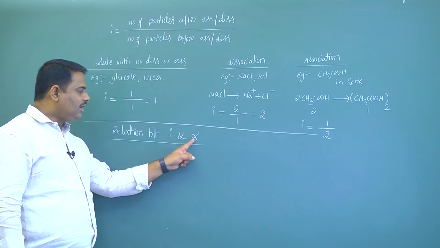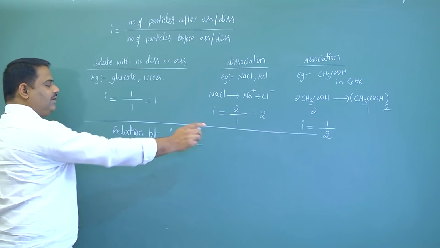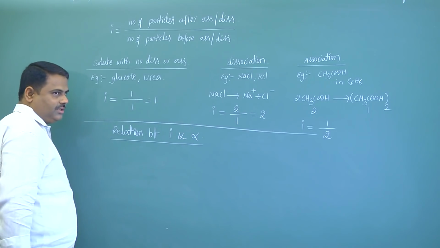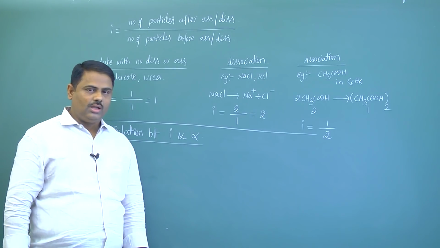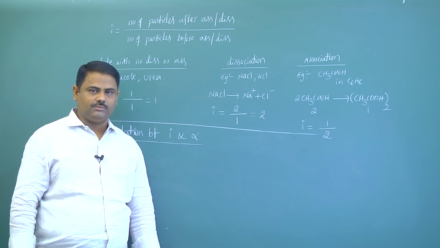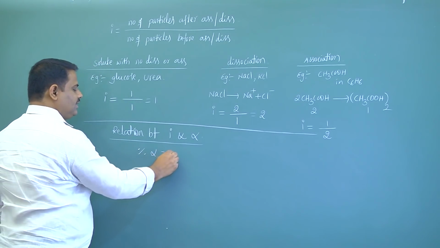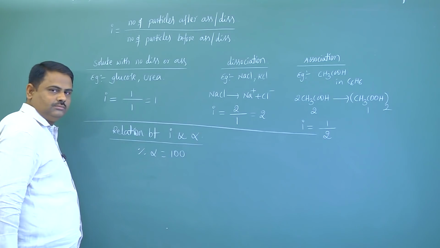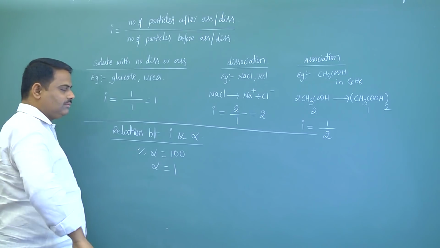What is the degree of dissociation here? Generally, if you take any strong electrolyte, that strong electrolyte undergoes 100% dissociation. So the percentage degree of dissociation is 100, then the degree of dissociation alpha is equal to 1.